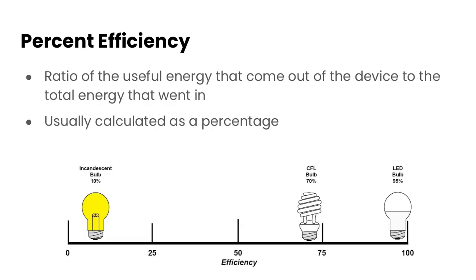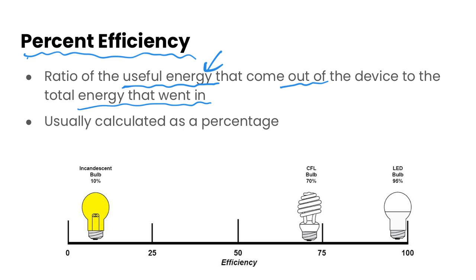Another useful calculation for us to do is to look at the percent efficiency of an electrical device. This is defined as the ratio of the useful energy that comes out of the device to the total energy that went in. So when energy comes into a device, it will use some of that energy in order to produce useful energy to come out, but then quite a bit of it can get wasted.